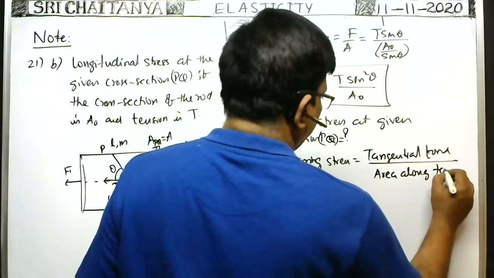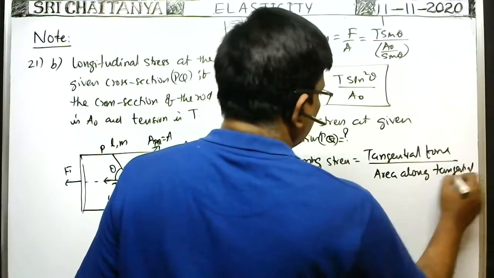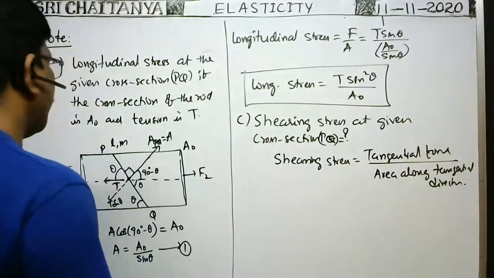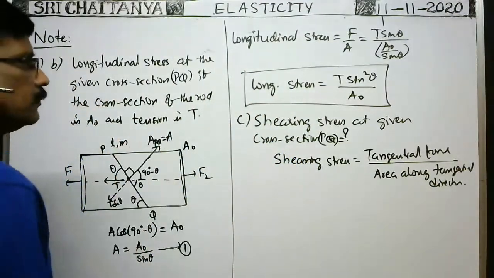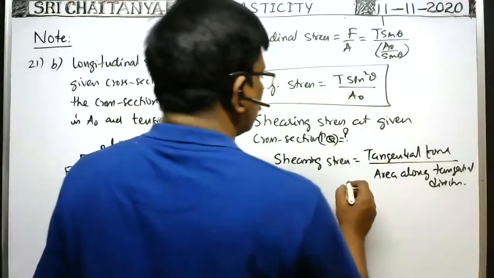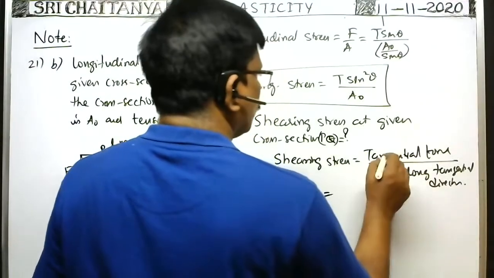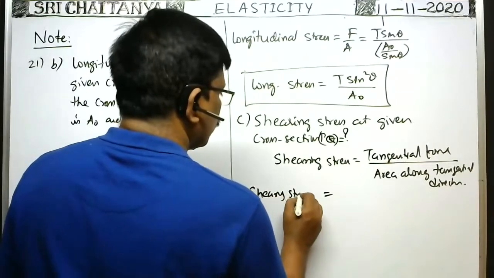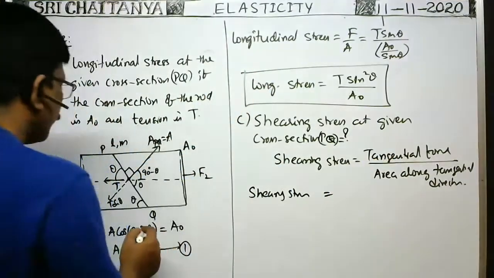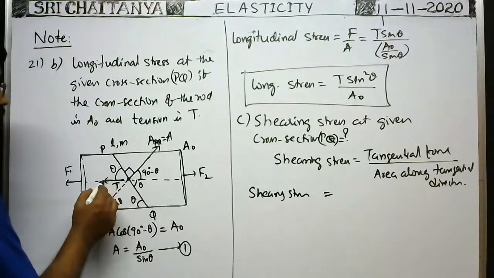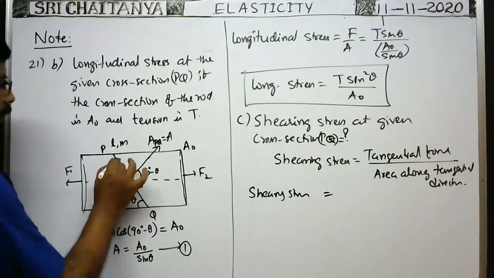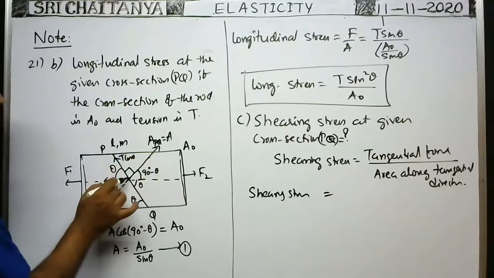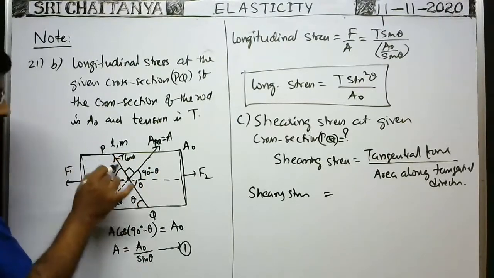Area along the tangential direction is equal to surface area A only. Therefore, shearing stress is equal to tangential force. In this direction tension is T. Then its component in this direction is T cos theta. T cos theta is the tension along the tangential direction.